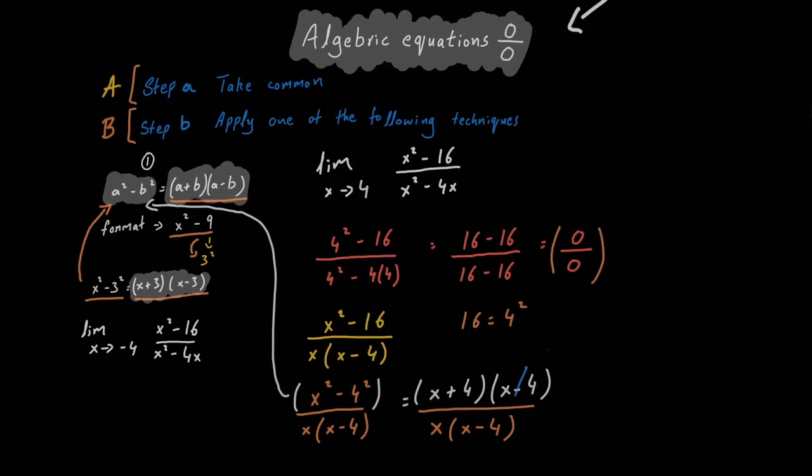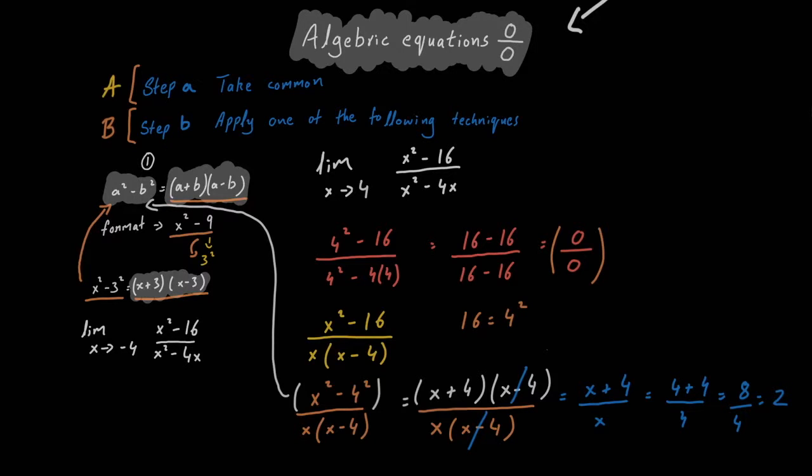We can simply cancel off x minus 4 and x minus 4 from here, and we will be left with x plus 4 divided by x. Now if we substitute for x again, we will get 4 plus 4 divided by 4, which is 8 divided by 4, and the answer is 2. So 2 is your answer.